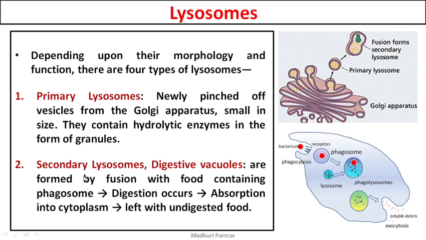Clear? So fusion with the food containing phagosome, digestion occurs, then absorption. After digestion, whatever sugars, amino acids, vitamins, and other important things are there, they will directly get absorbed into the cytosol or cytoplasm, and the rest of the undigested food will be thrown out of the cell.